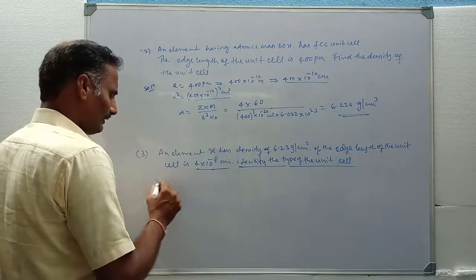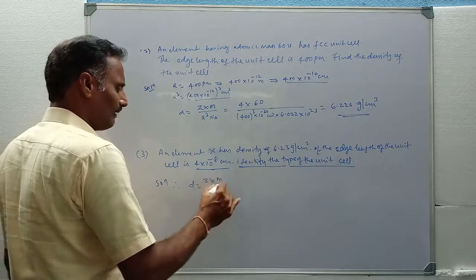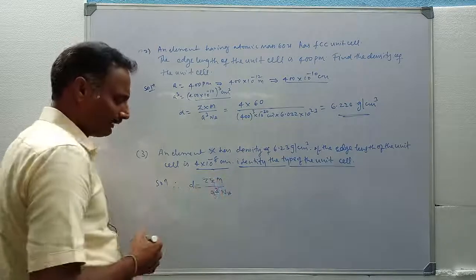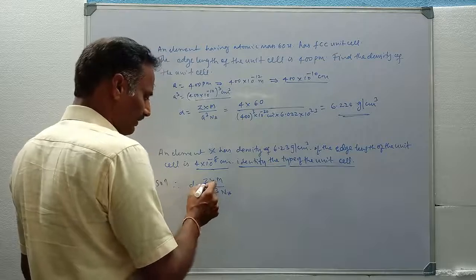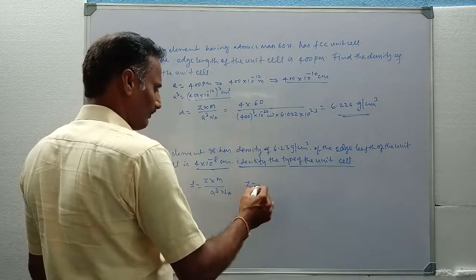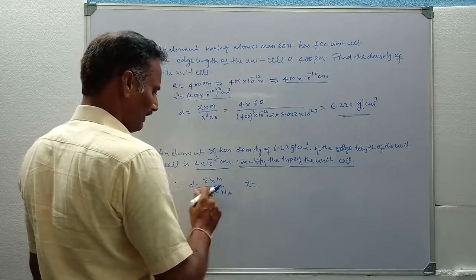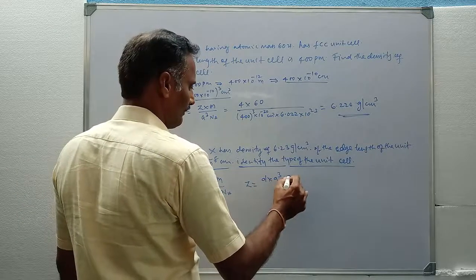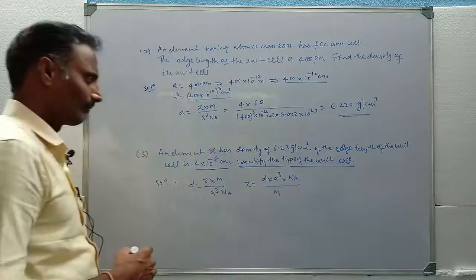We know that density equals Z into M divided by A cube into Na. This is the formula. From this we can find out Z. Z equals D into A cube into Na divided by the molar mass of the compound.